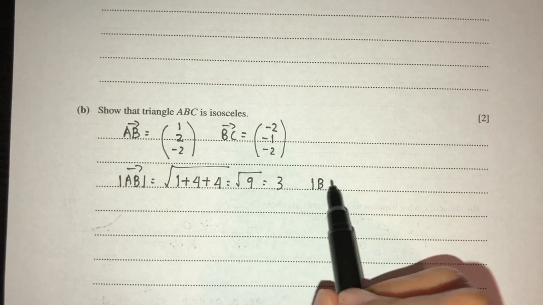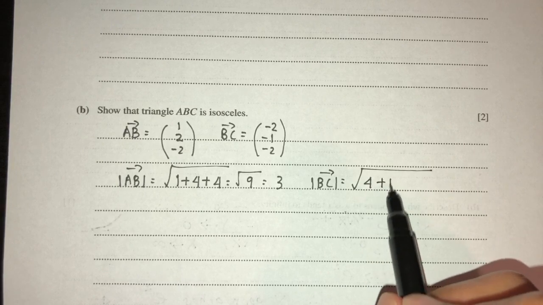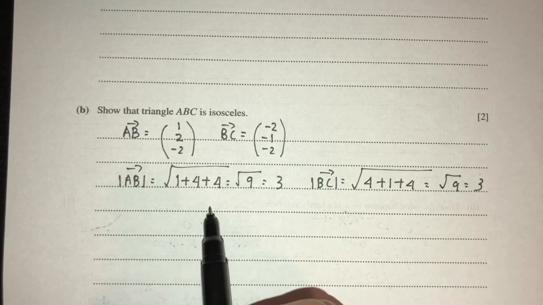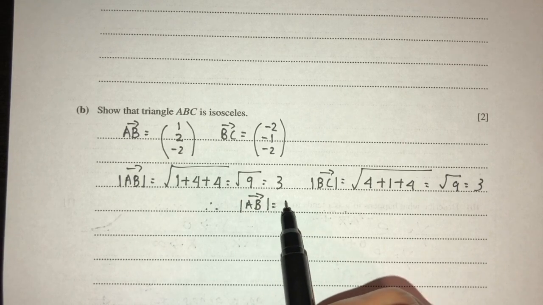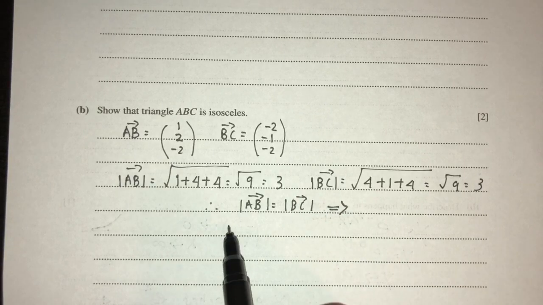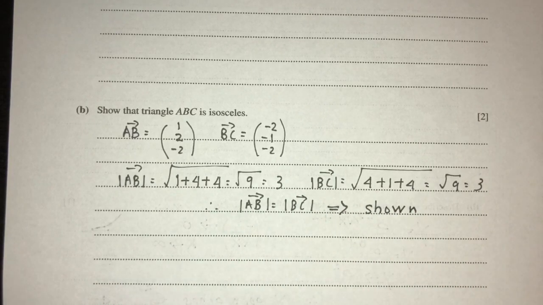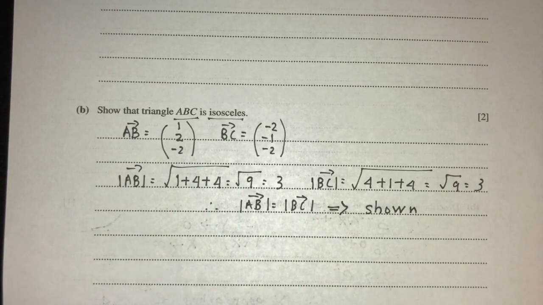Now same step, BC, that will be 4 plus 1 plus 4, root of 9, that should be 3. So as you can see, the length of AB is equal to the length of BC. That is why this is shown as required, because the two sides are equal in the triangle, and ABC is isosceles because of that.